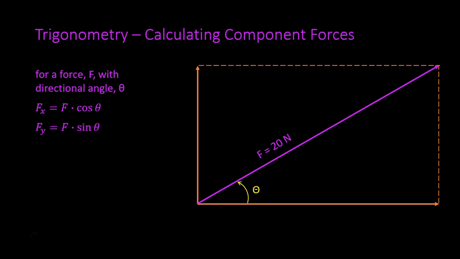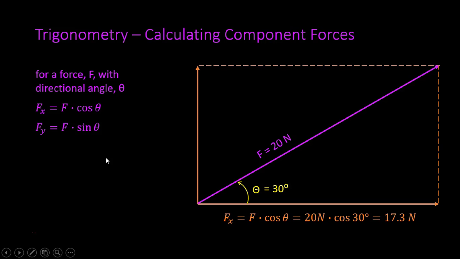Let's do this calculation for an angle of 30 degrees. So the directional angle of the total force vector is 30 degrees. The strength of the total force vector is 20 newtons. To find the strength of the x component, we're going to plug in 20 newtons and 30 degrees, and we crunch this equation in our calculator, and we find out that the strength of the x component is 17.3 newtons, and it is in the positive direction, or going right on the x-axis.